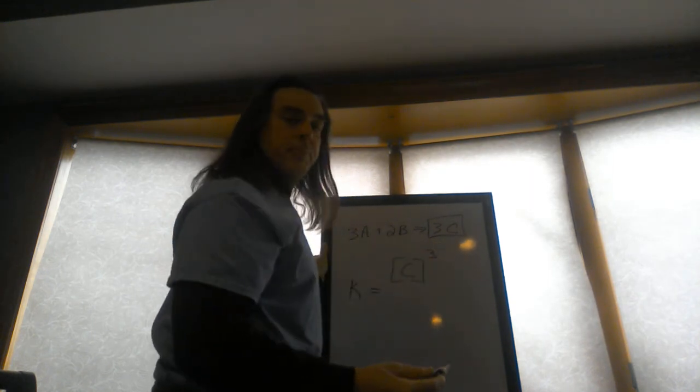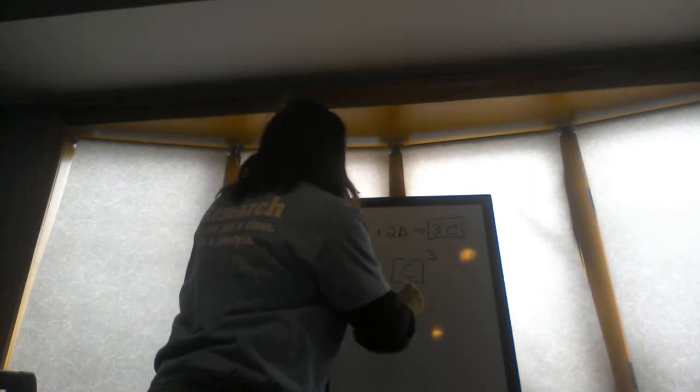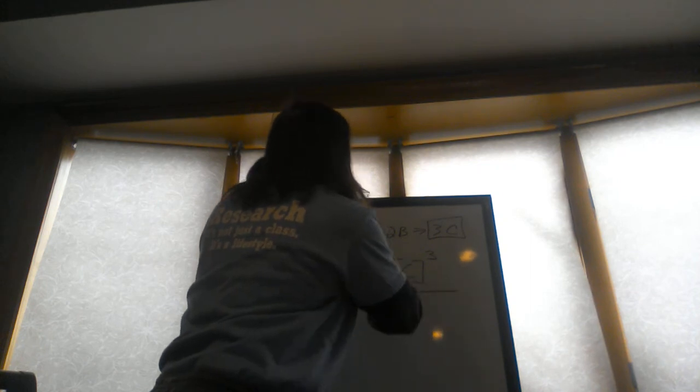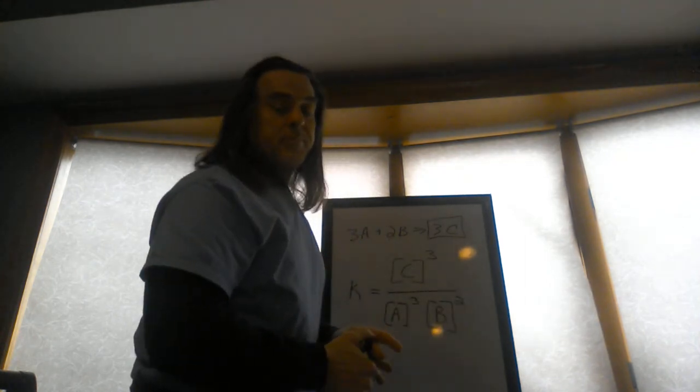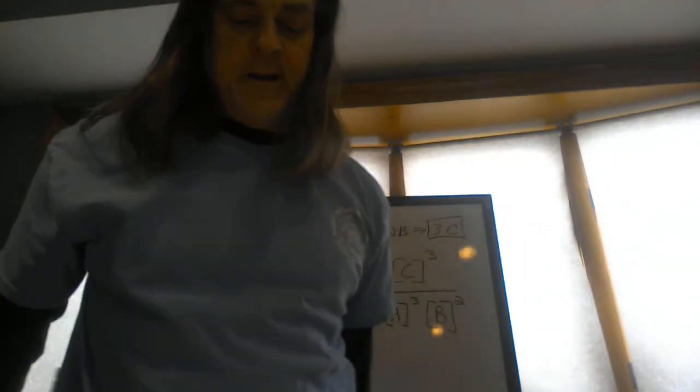So it's going to be C concentration to the 3rd power, right? You put it in brackets, it means concentration, over A also to the 3rd power, and B to the 2nd power. That's the whole thing. It's actually pretty easy.